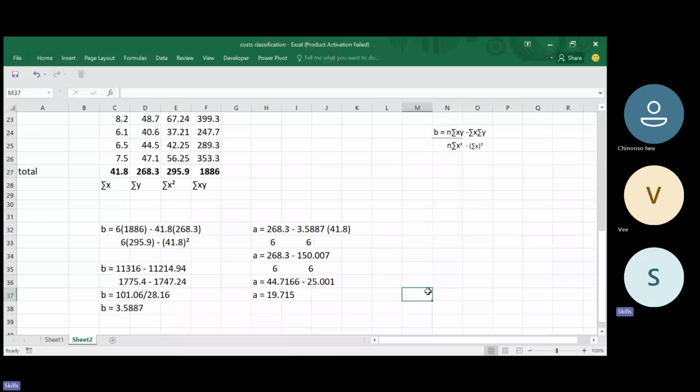Do you get this? This is the value of B and this is the value of A. So this is the value using the linear regression analysis.